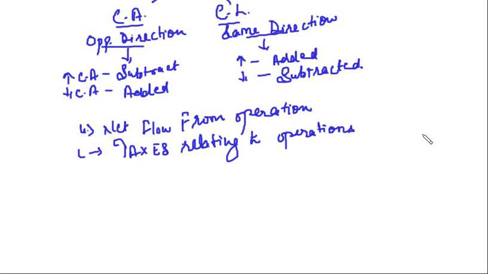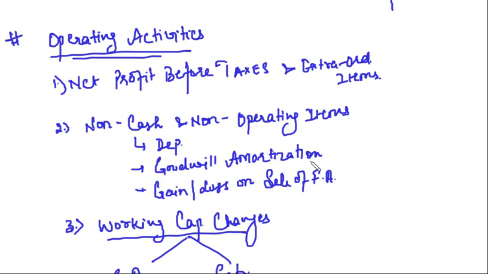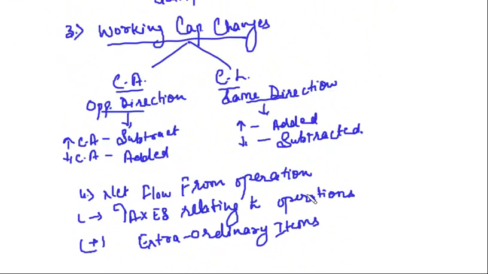Clear? Then after this we add or subtract extraordinary items. If this is an income, we will add back. If this is an expense, we will subtract. Clear, friends? So this is how we deal with cash flow from operating activities.